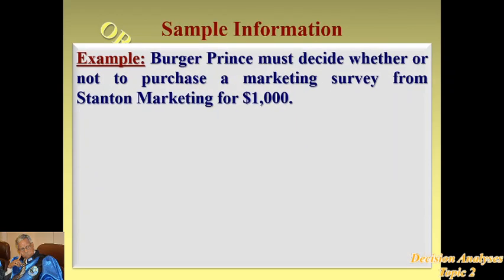Consider our Burger Prince example with some little modification. Assume in a Burger Prince restaurant, the manager must decide whether or not to purchase a marketing survey from Stanton Marketing researcher for $1,000.